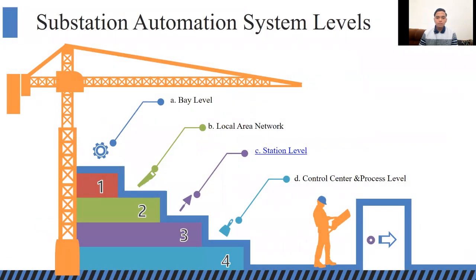Next is the substation automation system level. The first one is the bay level. A bay comprises a circuit breaker and associated isolator, earth switch, and instrument transformer. At the bay level, the IEDs provide all bay-level functions such as control or command output, monitoring, and protection.